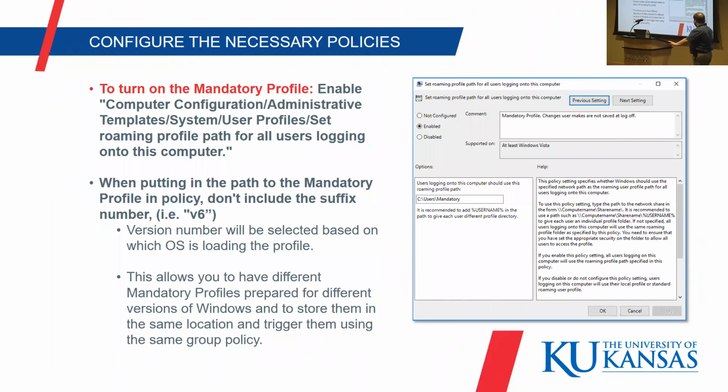It will not work if you do that. V6 is something that the operating system itself looks at when it's loading up the mandatory profile, and it's a way that you can effectively have several different profiles living in the same directory being called by the same group policy, and Windows itself is smart enough to pick the correct version for the version of Windows that's logging in.